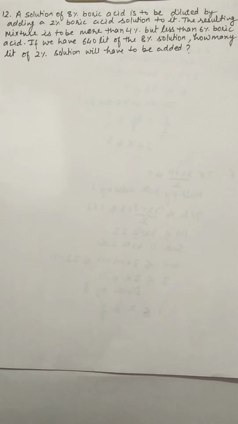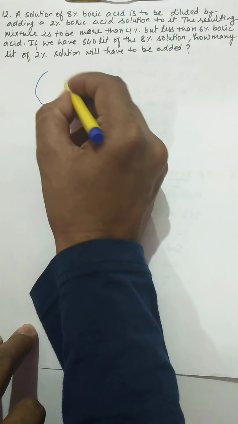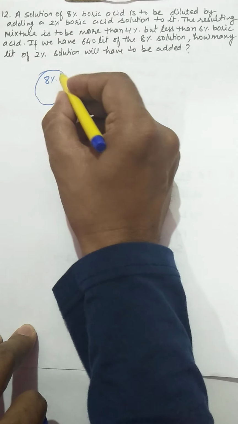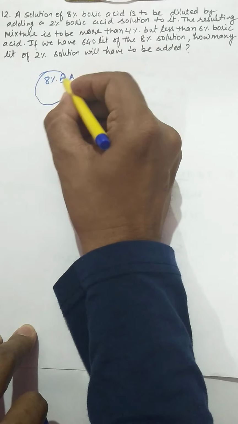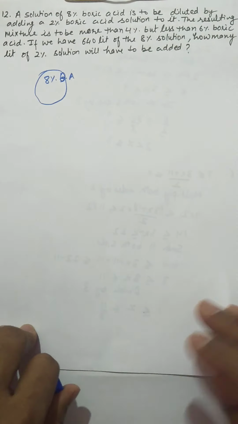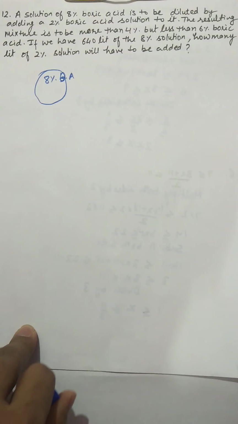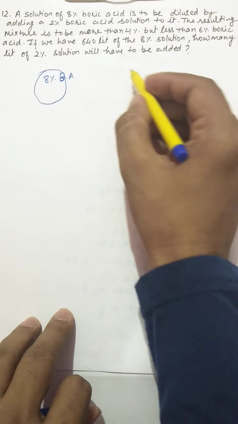Okay, now we'll discuss this problem, question number 12. A solution of 8% boric acid is to be diluted. See, this is, let's say, one solution in which we get 8% boric acid. So I have written this boric acid as Ba, and it is diluted by adding a 2% boric acid solution.